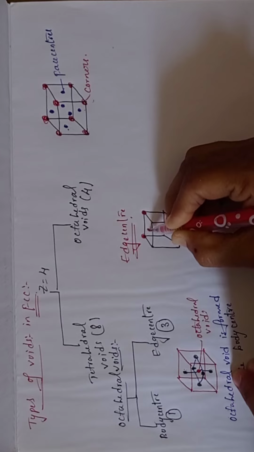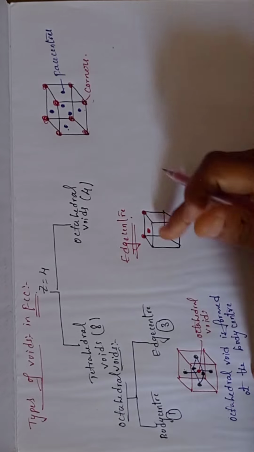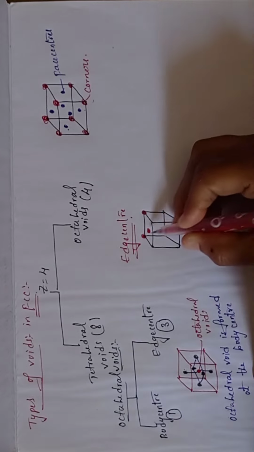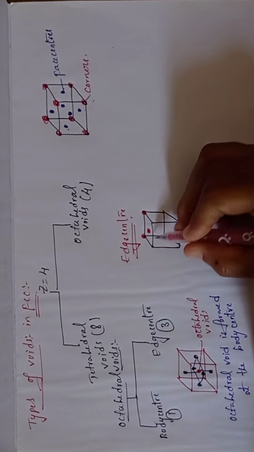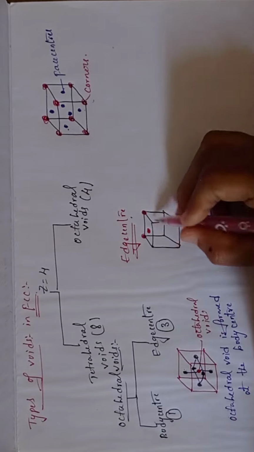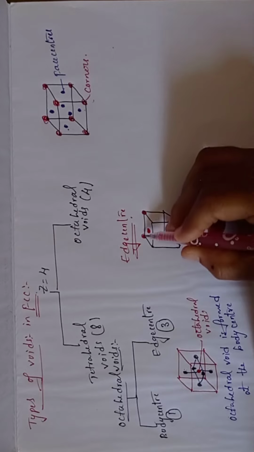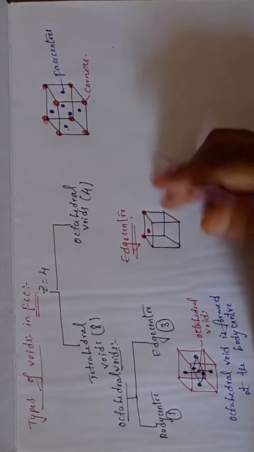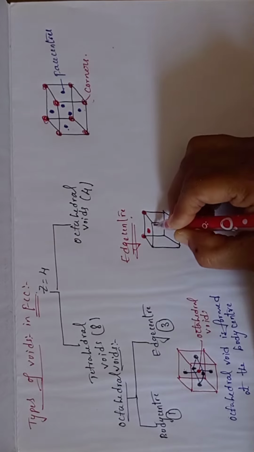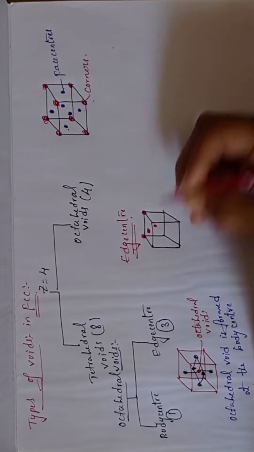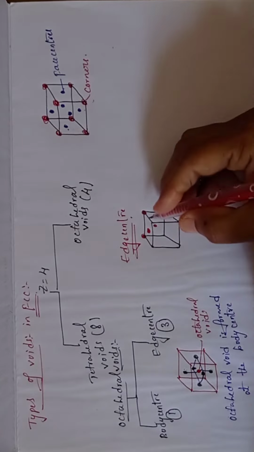I am taking one particle at the top face center, and one more is the back face center. This is top, this is bottom. This is the front face center, this is the back face center. I am taking the front face center, students.